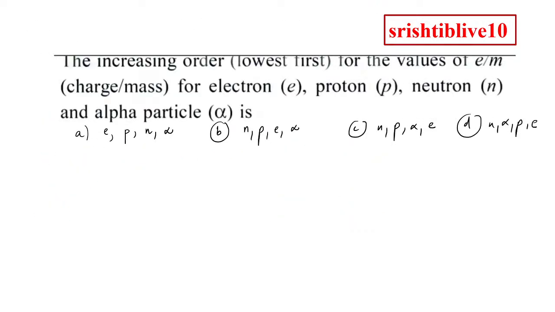This is your next question: the increasing order, lowest first, for the values of e by m, that is charge by mass, for electron, proton, neutron and alpha particle.